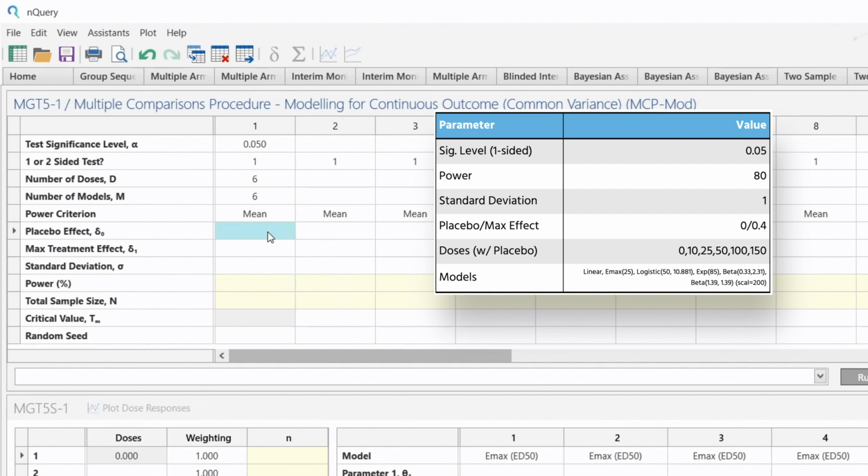In this study, they defined the effect sizes in terms of change from placebo, and thus the effect under the placebo dose would be equal to 0. They also used a standardized effect size, which in effect means on the standard normal scale, which has a variance of 1. This means that the maximum treatment effect is equal to 0.4 on the standardized scale, and the standard deviation is set to 1.